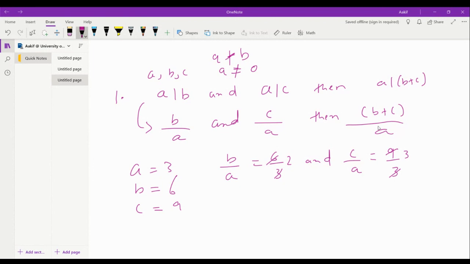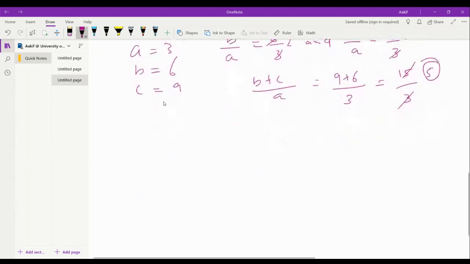Then we'll check whether B plus C by A is divisible. B plus C by A will be 9 plus 6 by 3, which is 15 by 3, so this is 3 times 5. So this is also divisible, and this part is true.